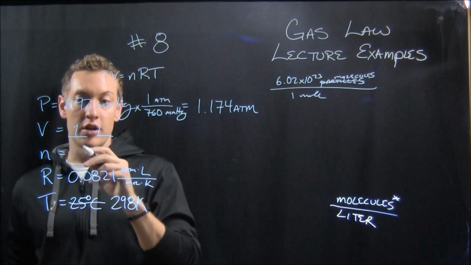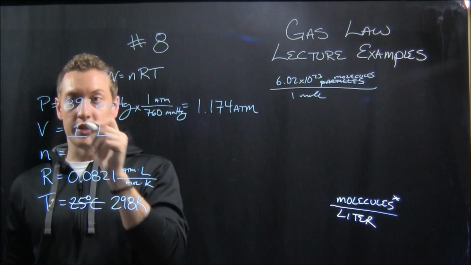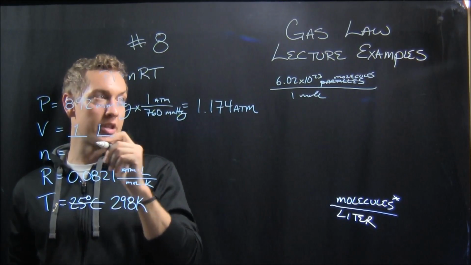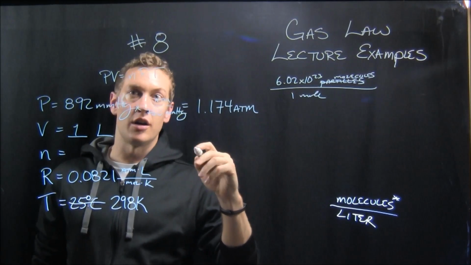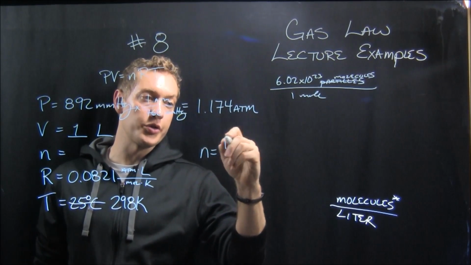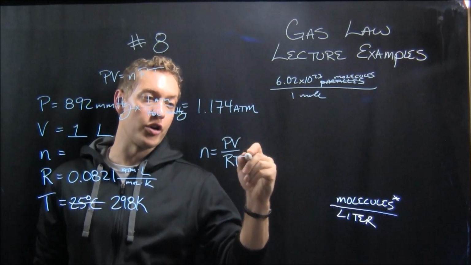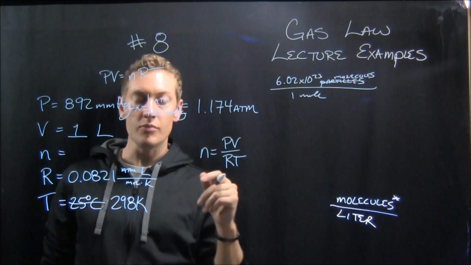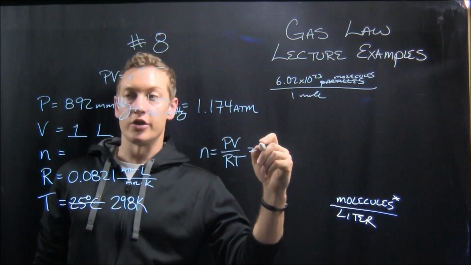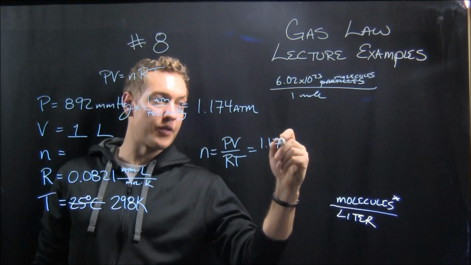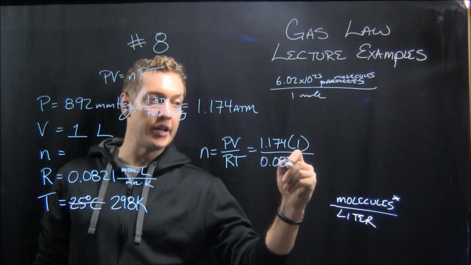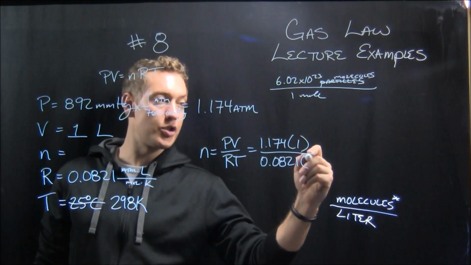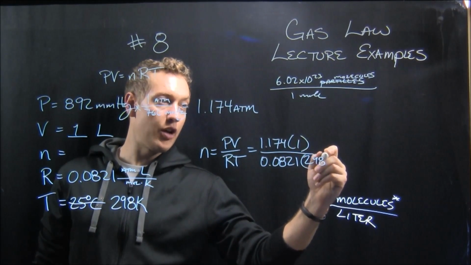doesn't matter. So if I use the 1 liter there, then when I rearrange PV equals nRT, moles equals PV over RT. So we're going to look at, it's going to be 1.174 times 1 over 0.0821 times 298 Kelvin.